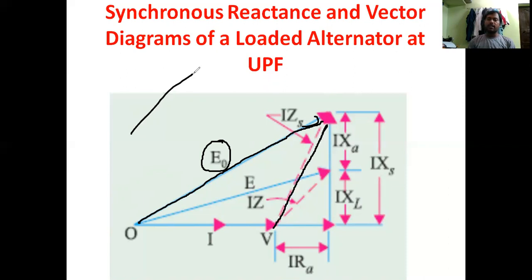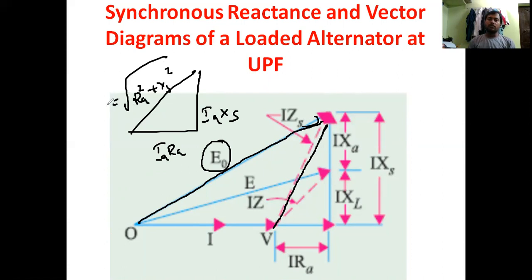This is IA RA, and this is the total IA XS. So the square root of RA squared plus XS squared is equal to ZS, the synchronous impedance.